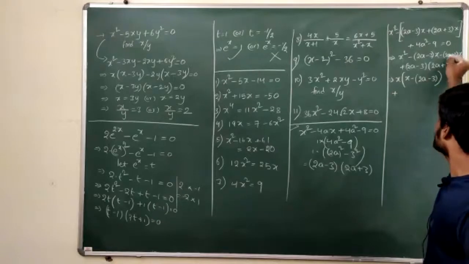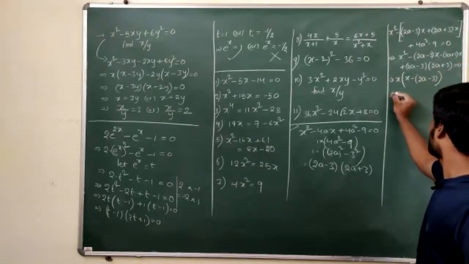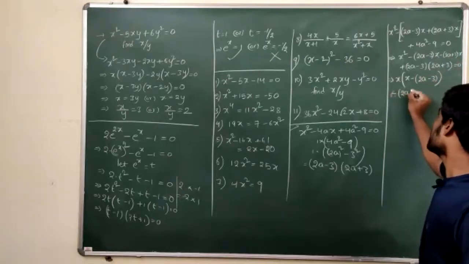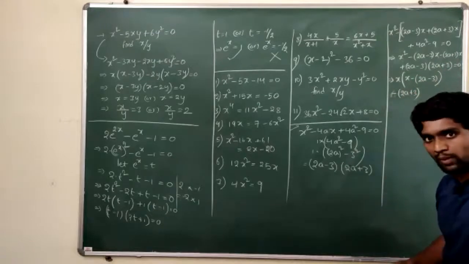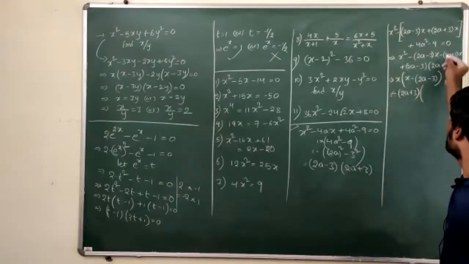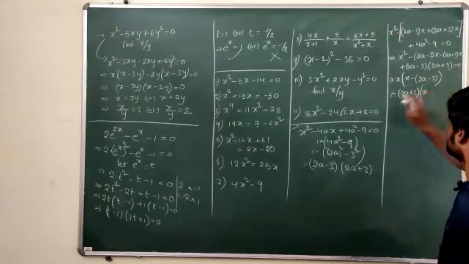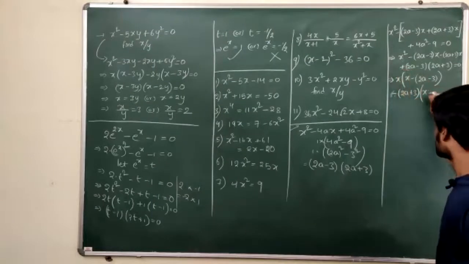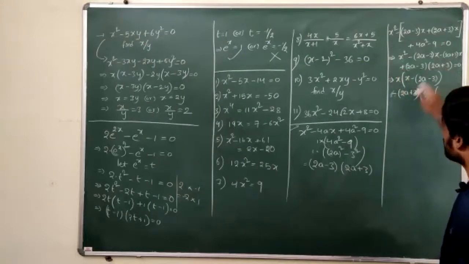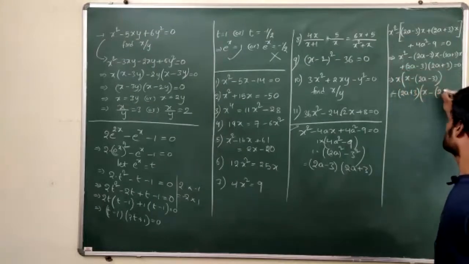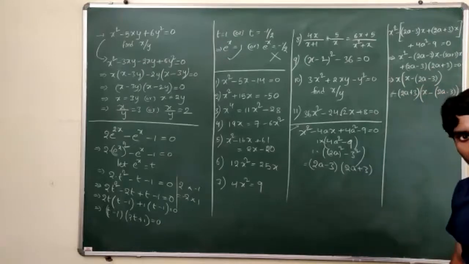Plus, now take 2a plus 3 common, or you can say minus of 2a plus 3 common. You will be left with x, and as I have taken minus common and there is plus here, I will get a minus sign. With 2a plus 3 already taken common, what will be left out? 2a minus 3 is equal to 0.